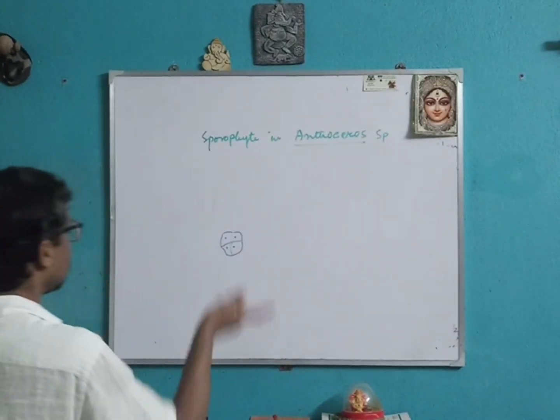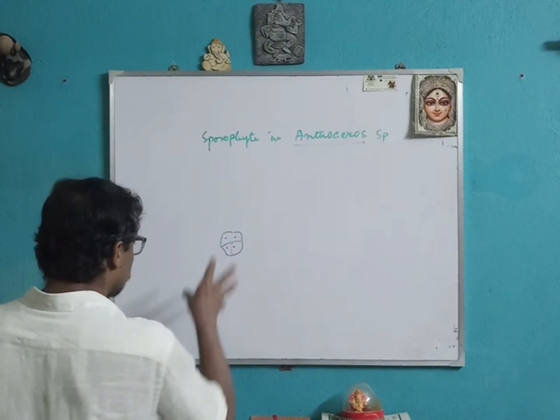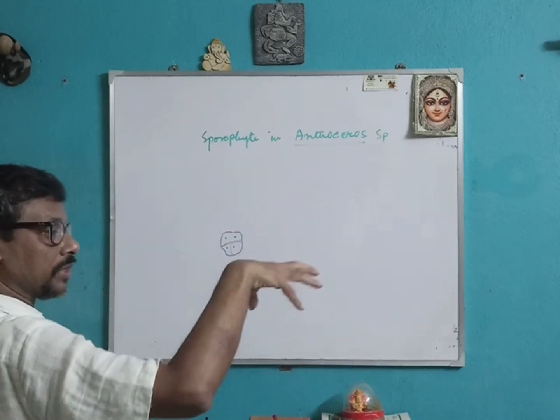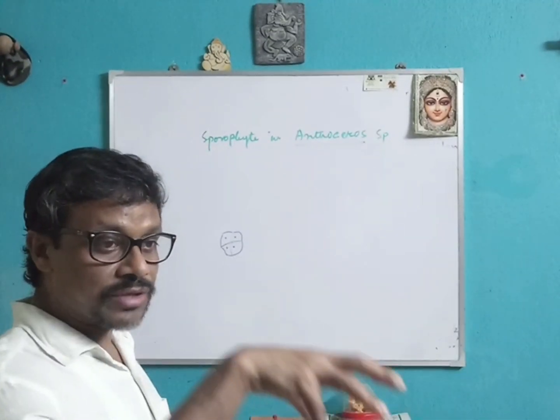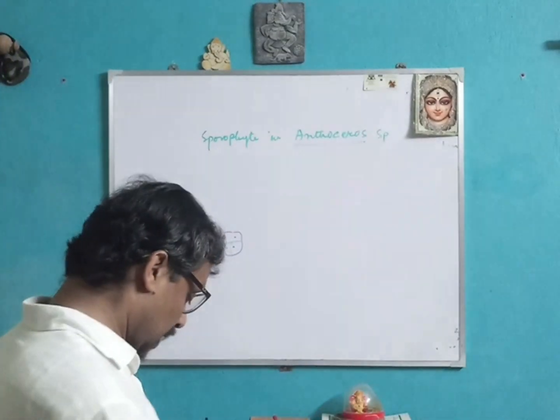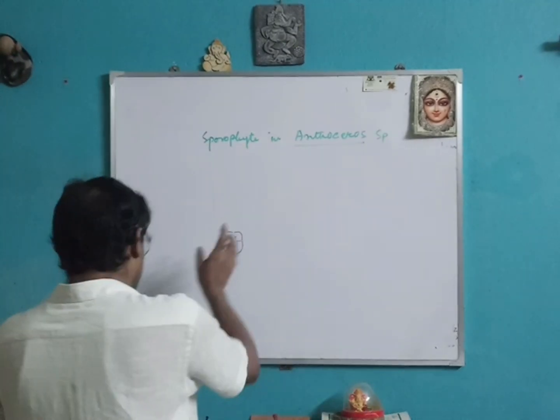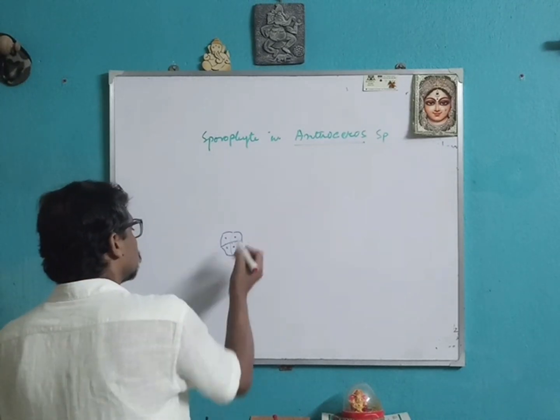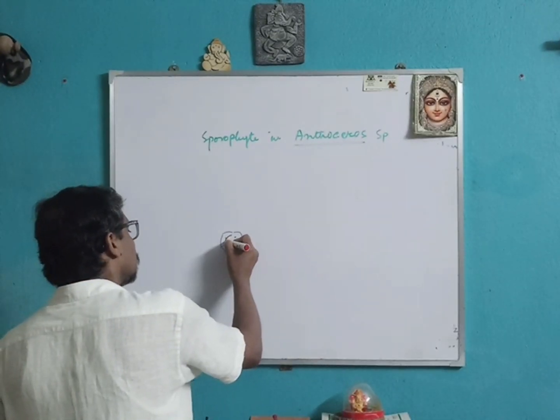Now a periclinal division takes place. See, this zygote is present within the venter, and that venter is embedded within the gametophytic plant body. Keep it in mind. Now periclinal division starts to take place.